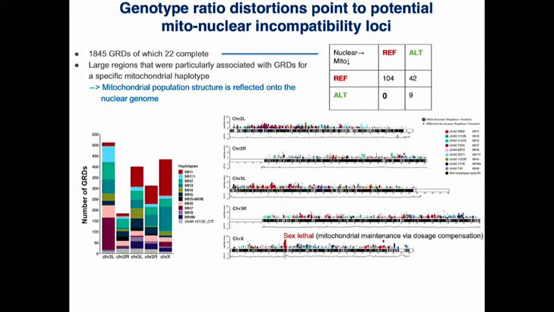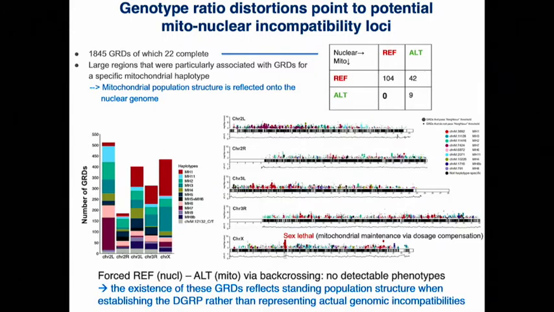Now, one of the questions we, of course, had is, what does this mean functionally? So for that, we forced one of the combinations via backcrossing, where we forced this reference and alt-mito combination to see whether this kind of forced allelic combination would have specific phenotypes in terms of overall fitness.